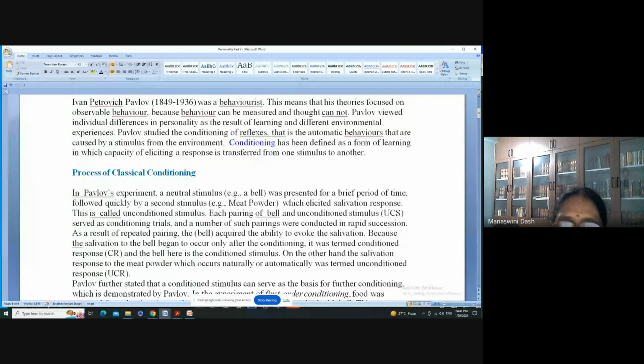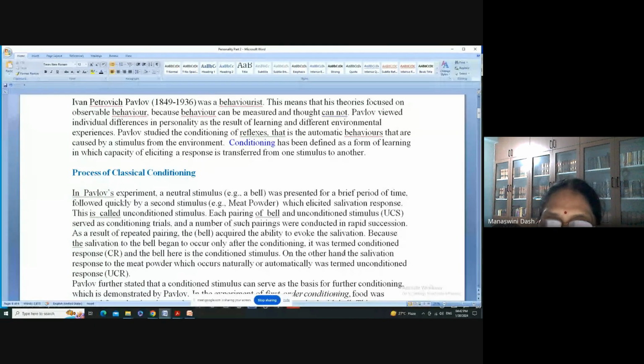Since Pavlov experimented with a dog, food was meat powder, and when food was given, the dog salivated, because salivation is the natural response to food.